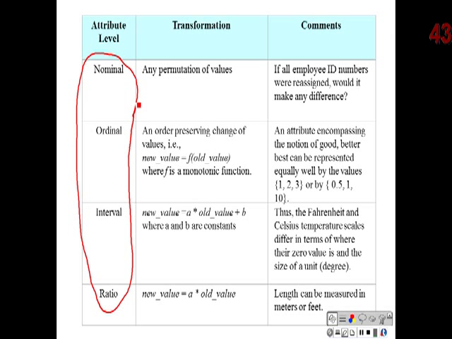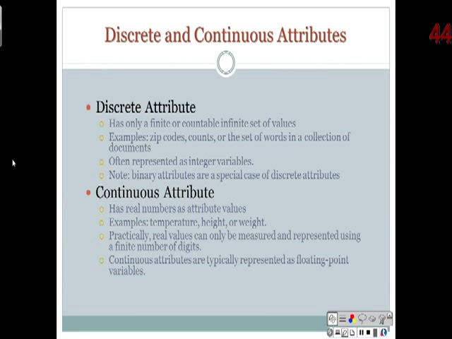Okay, and this is a deeper example. You can look at it and see the differences in it, and it actually comes from statistics. We talked a little bit before about data in general. We have two types of data, either discrete data or continuous. Discrete data has only a finite or countably infinite set of values. For example, zip code. There is a finite number of zip codes. It will not go forever, it will not go to infinity.